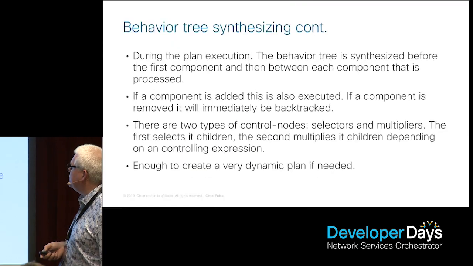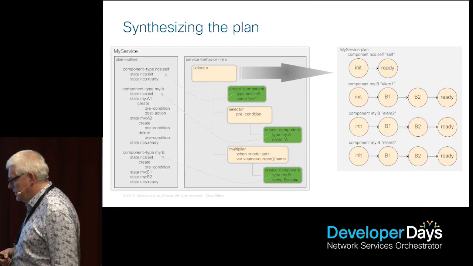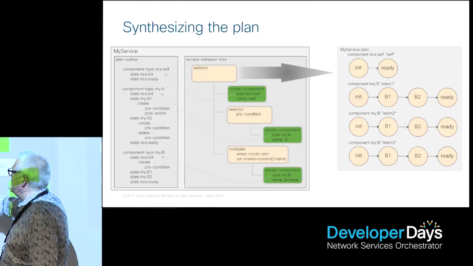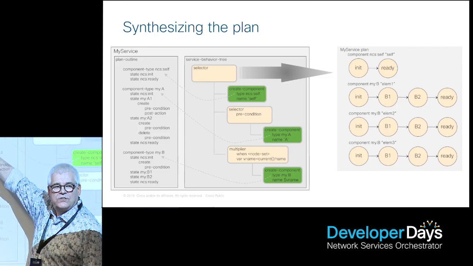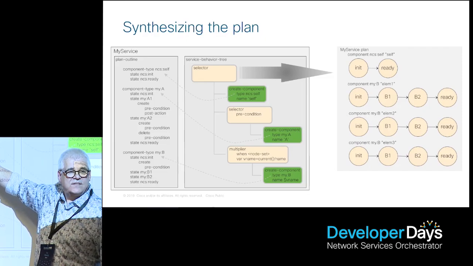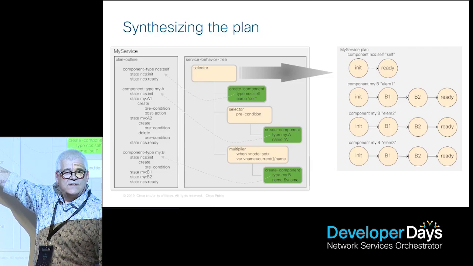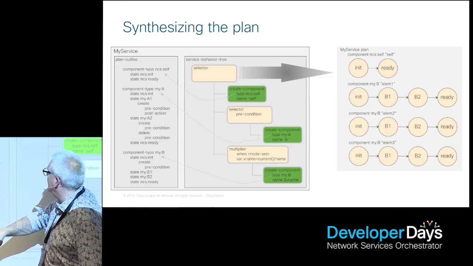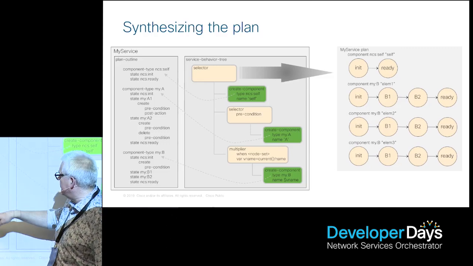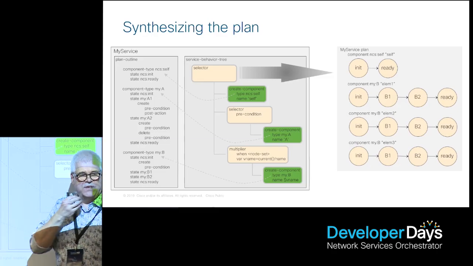And I think I skipped to the picture again. So what you declare, the thing that I showed you before, the Yang, that was the plan outline. So that is every state in every component and all preconditions that is necessary. And if there is a need for a callback or if there is a need for a post action or whatever.